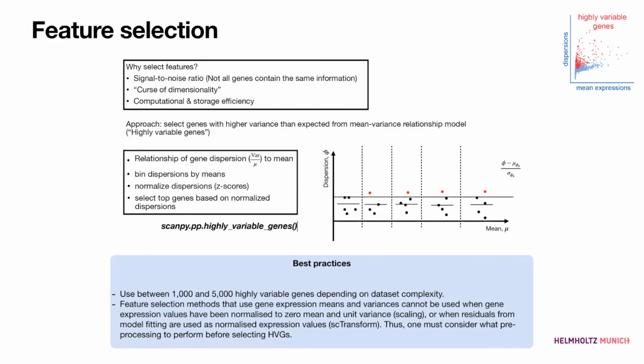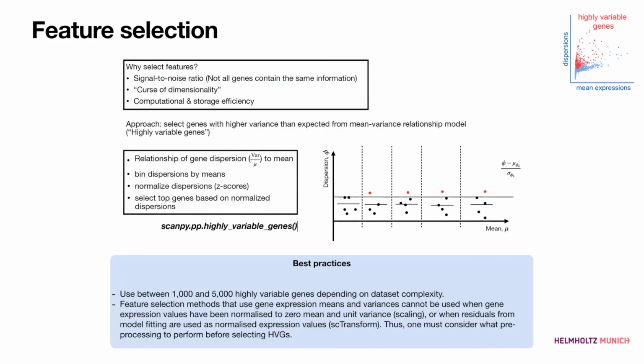Another important point to note here is that if you use this highly variable genes calculation based on the dispersions, you need to make sure that you have not yet normalized your expression values to, for example, zero mean and unit variance.